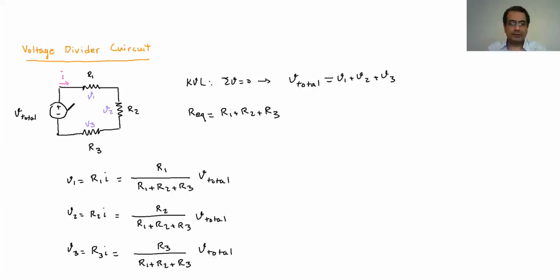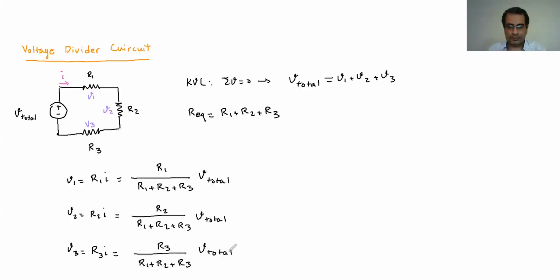You can directly say that V1 is this factor of the V total, so R1 over R total. Then R2 over R total gives V2, and R3 over R total gives V3.